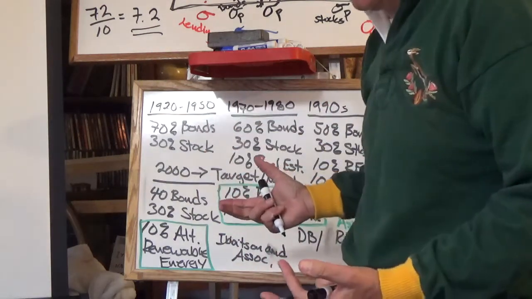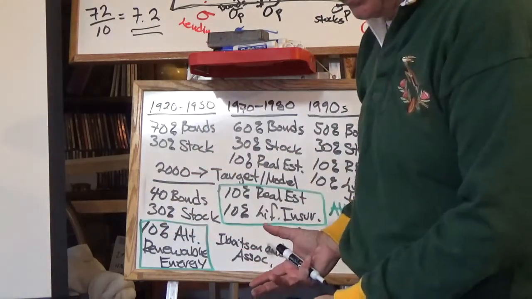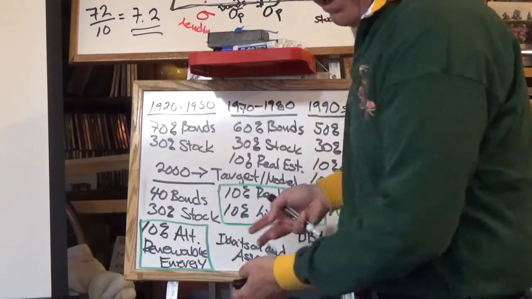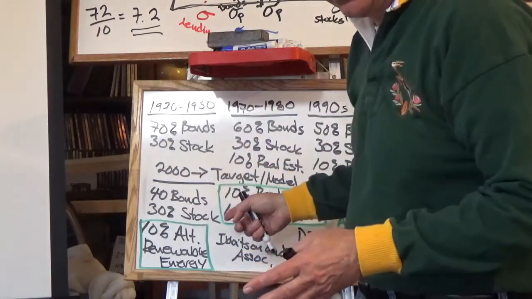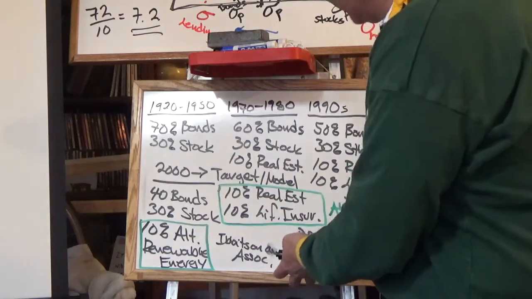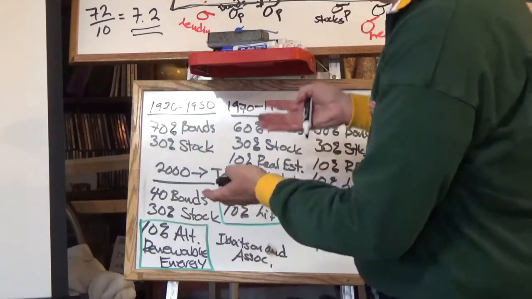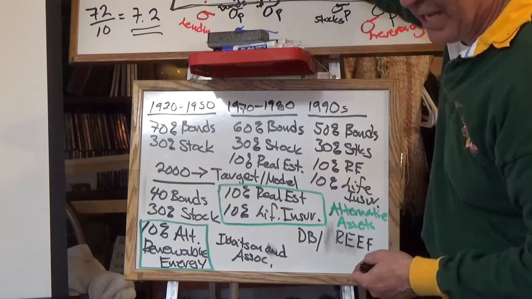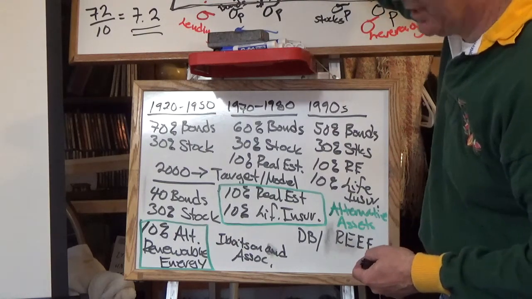What's great about these alternative asset classes is that their returns have low, no, or negative correlation with stocks and bonds. So if I introduce these alternative assets into a stock and bond portfolio, the efficient frontier bows out, which is unique.